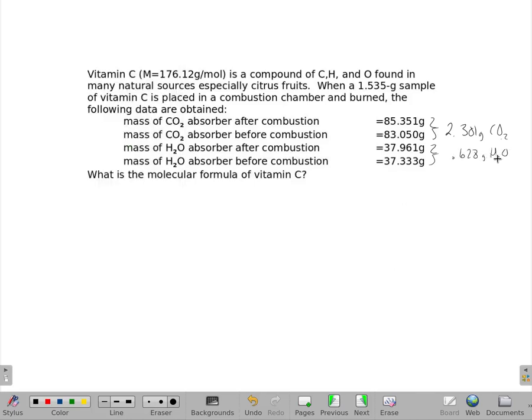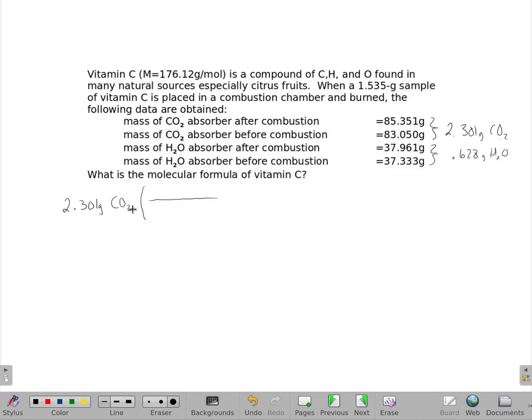All right, now this next thing seems weird, but technically think about it. To get the empirical formula, we needed the mass of carbon, hydrogen, and oxygen. So our first step is to get those masses. We're going to get the mass of the carbon from that CO2. And how we're going to do that is we're going to look at what CO2 is made out of.